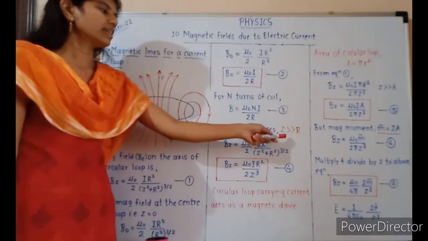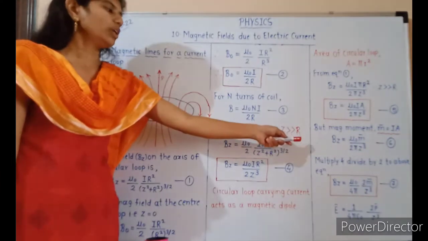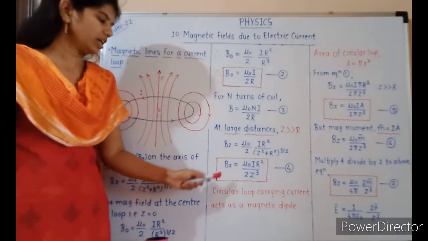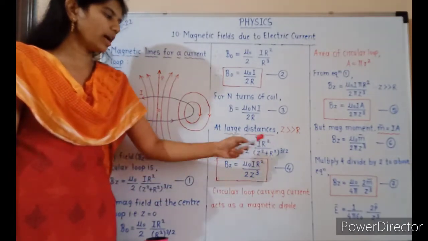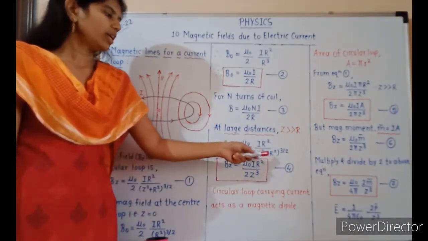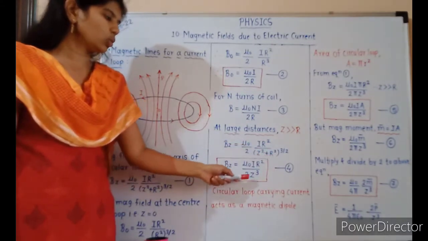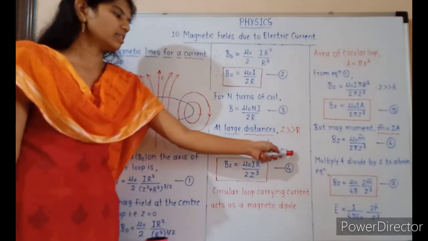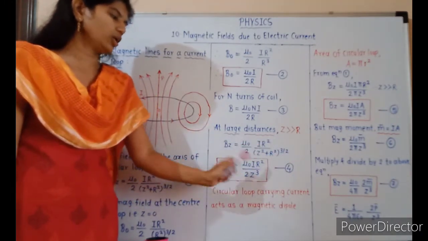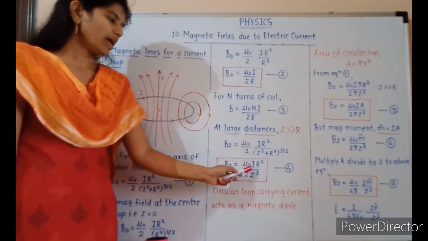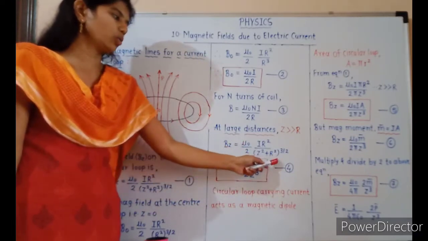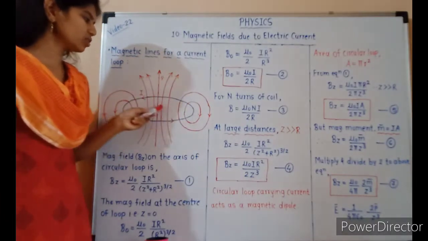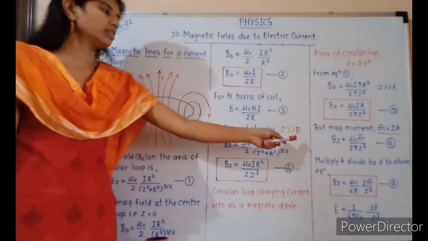As z is very much greater than r, neglect the term r square.